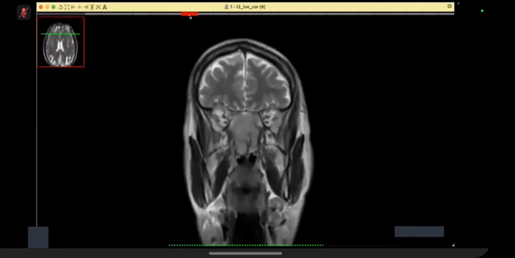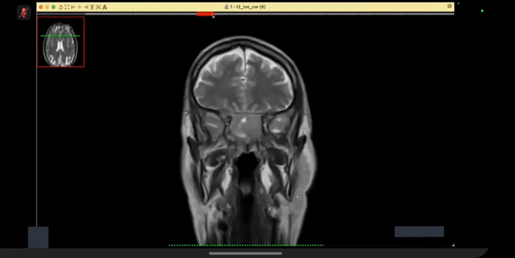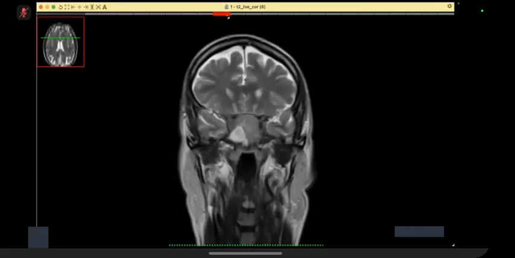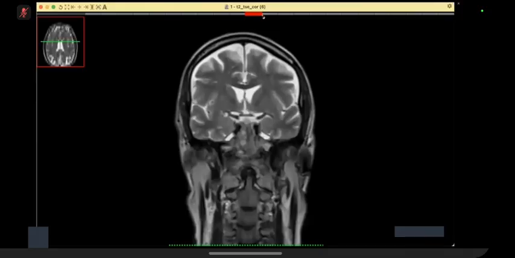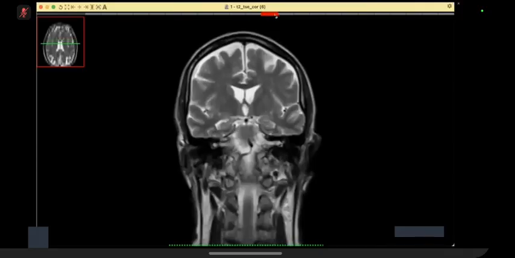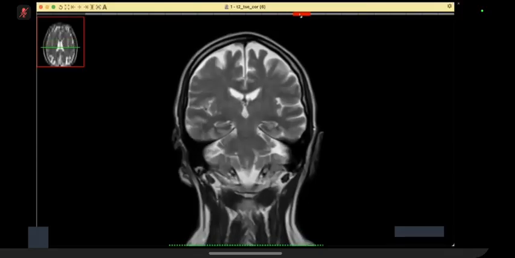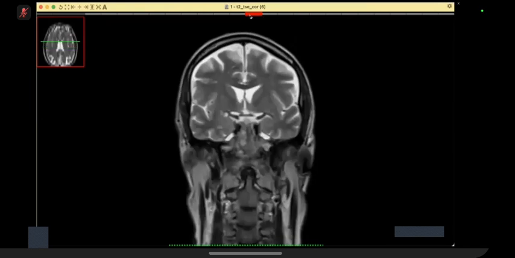Yeah. Can see that there is a T2 heterogeneously hypointense soft tissue noted within the nasal cavity and sphenoid sinus with some T1 hyperintense areas that could be sinusitis, reaction sinusitis. Okay.